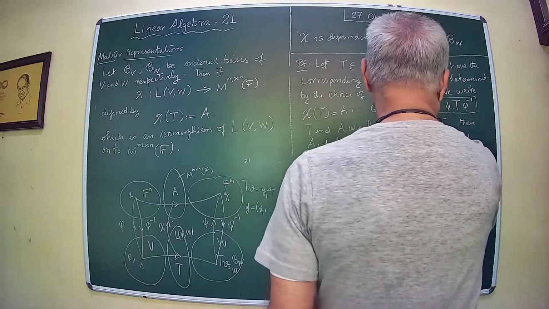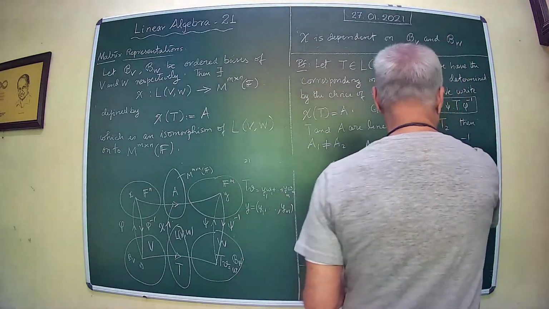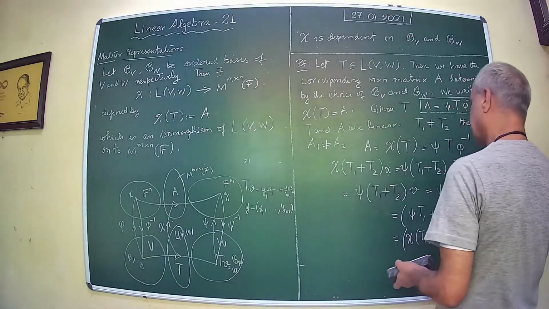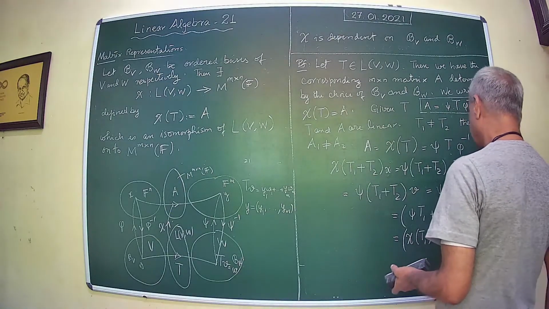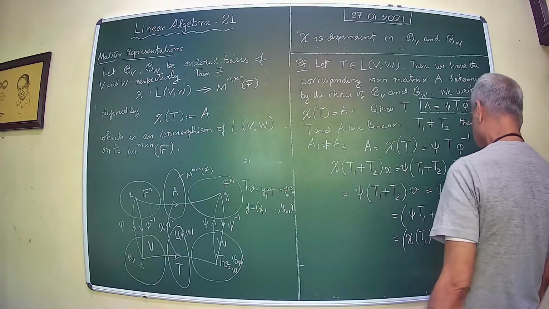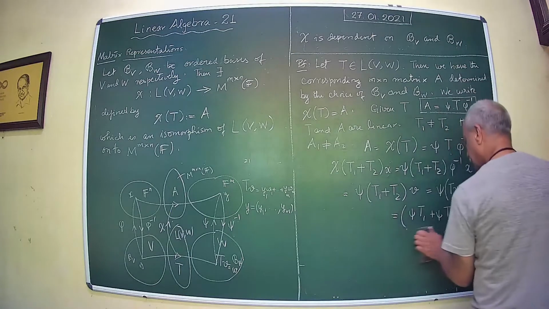because once again you can write this as phi inverse of x, and then phi inverse you combine with this. So if you want, you can write one more line.